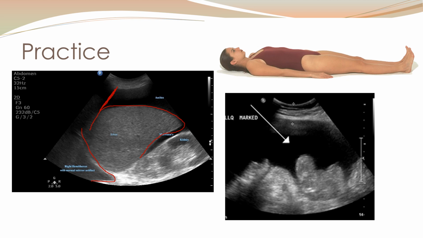So one of the artifacts that we'll start talking about next week is a mirror image artifact, which if I'm near a really strong specular reflector, I can have my sound waves come in, bounce off of something, scatter to a new direction, hit that specular reflector, and return home to the transducer.